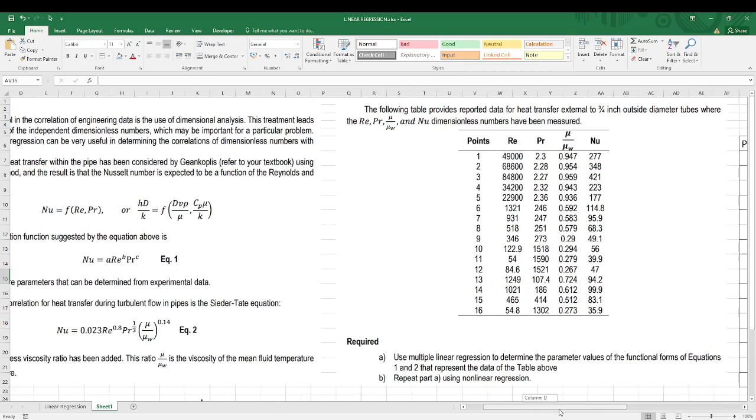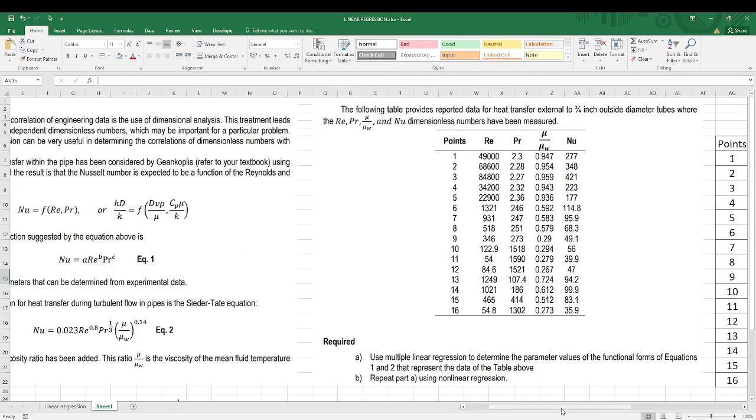So the following table provides reported data for heat transfer external to the 3/4 inch outside diameter tubes, where the dimensionless numbers, the Reynolds, Prandtl, the ratio, and the Nusselt have been measured. So these are the data from the experimentation. These are actual data.